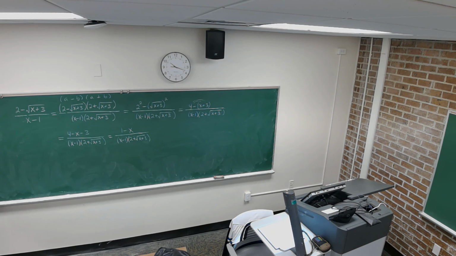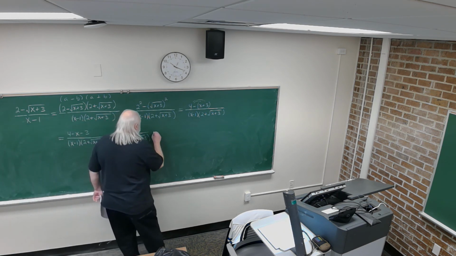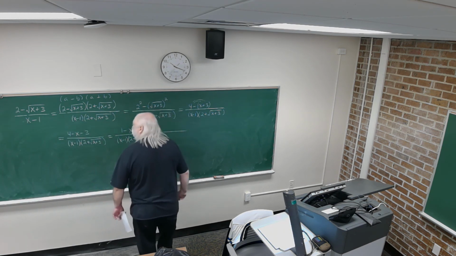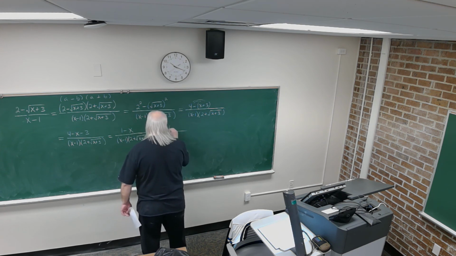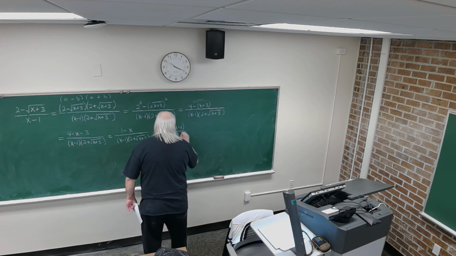So we can replace 1 minus x. If I switch the two sides of this equation, we have 1 minus x is equal to -1 times x minus 1. I can switch the two sides of the equality. So the numerator over here can be rewritten as -1 times x minus 1. Then we have the denominator, x minus 1 times 2 plus the square root of x plus 3.